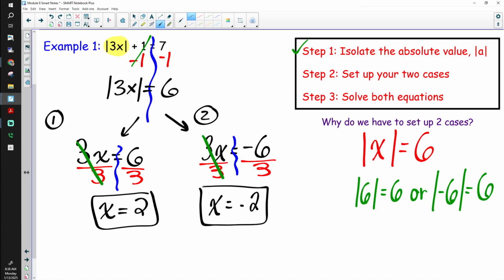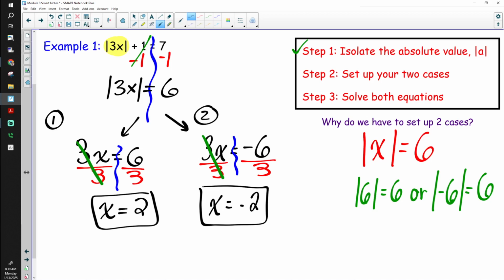If I plug in 2 for my original equation, the absolute value of 3 times 2 means the absolute value of 6. That's just 6. 6 plus 1 is 7. If I plug in negative 2, 3 times negative 2 is negative 6, but the absolute value of negative 6 is also just going to be 6.